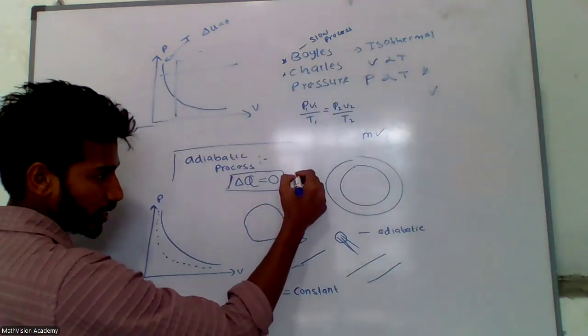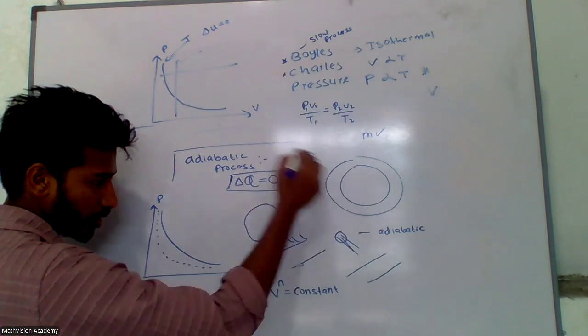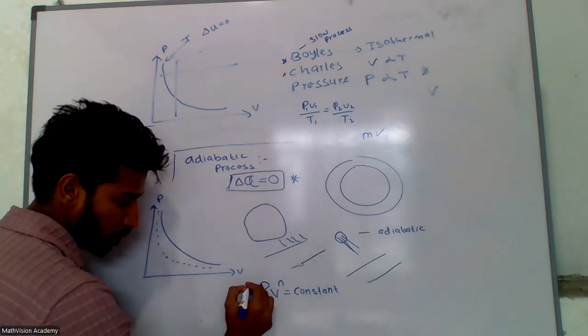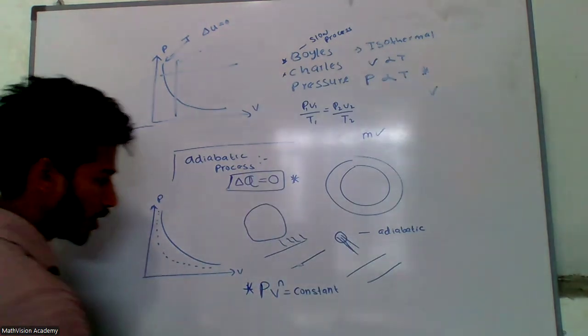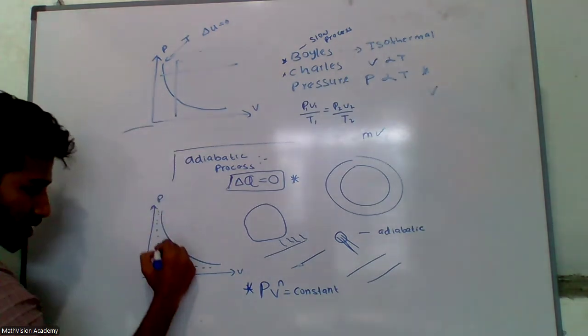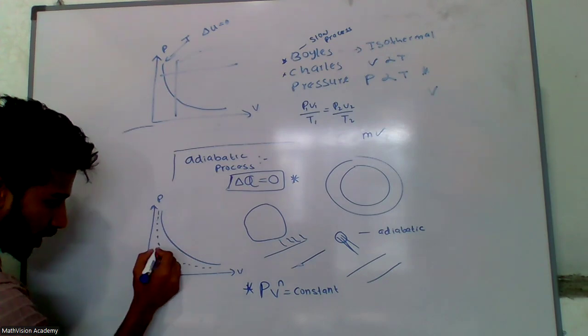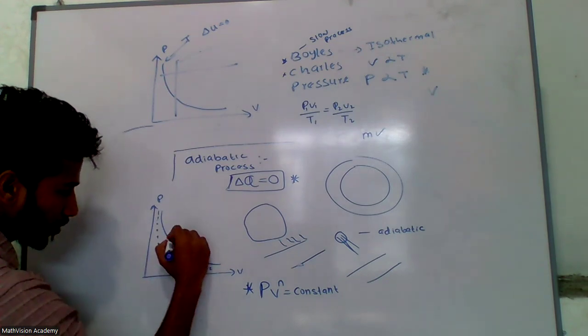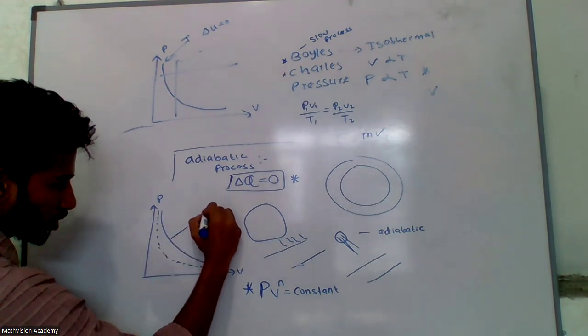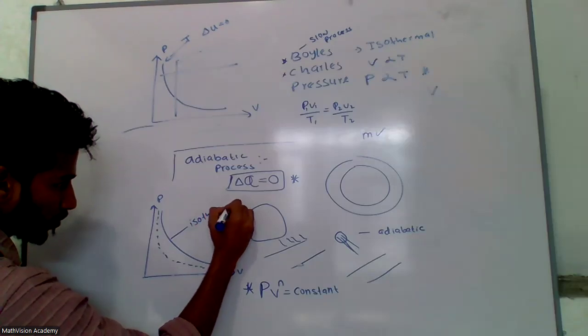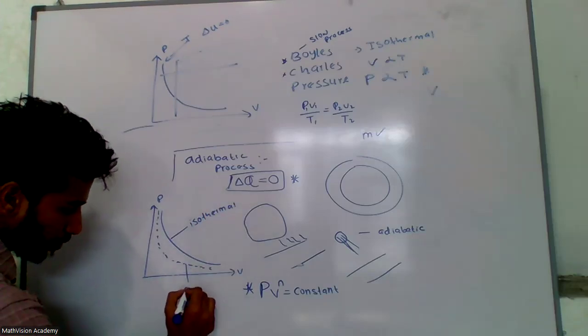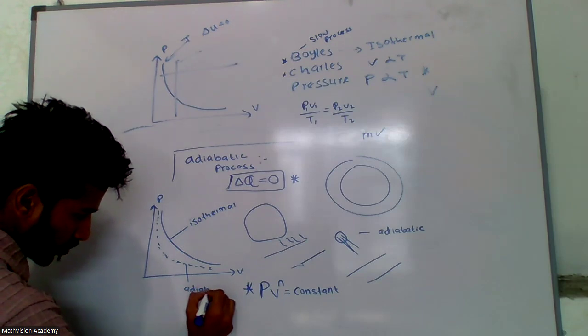The heat exchange is 0. The governing equation is PV to the power n is a constant, and it is somewhat steeper than, you can see, somewhat inward than the isothermal line. Isothermal, and you can see an adiabatic process.